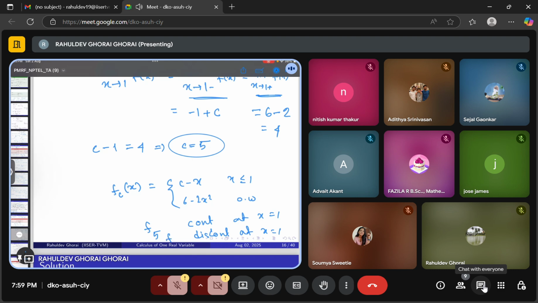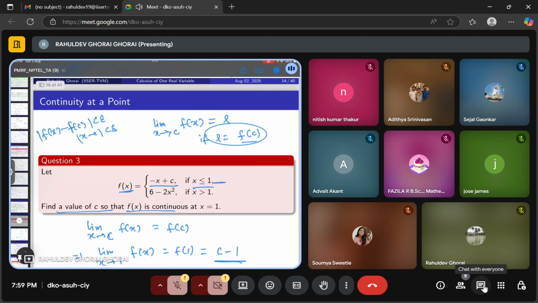People usually call this a family of functions. For c equal to 5 only it is continuous, but for c not equal to 5, it is discontinuous at x equal to 1.